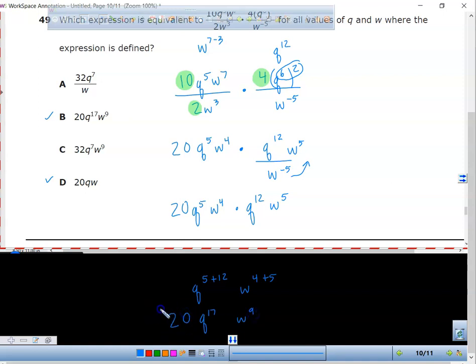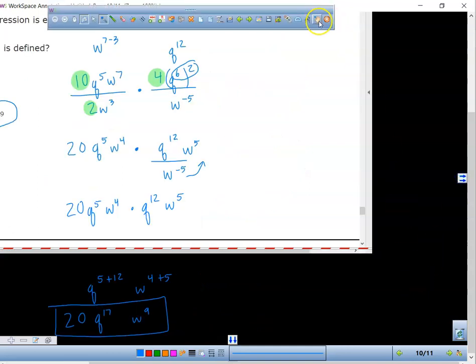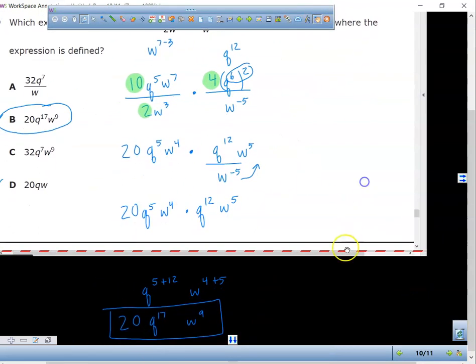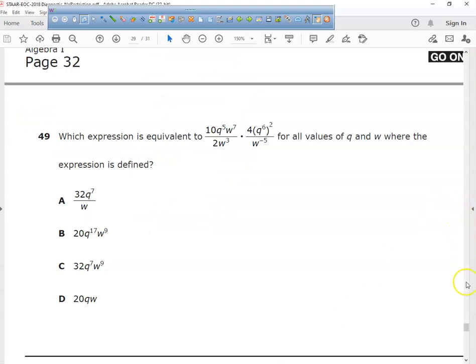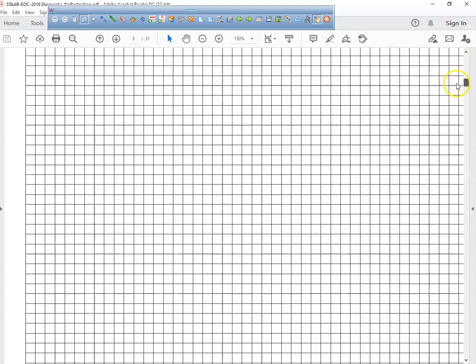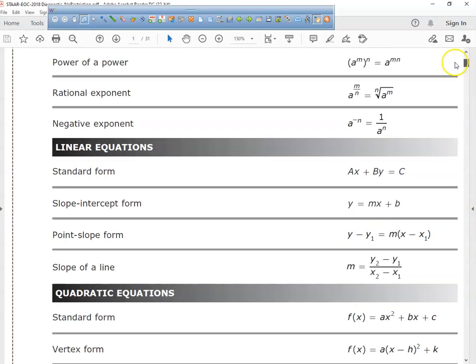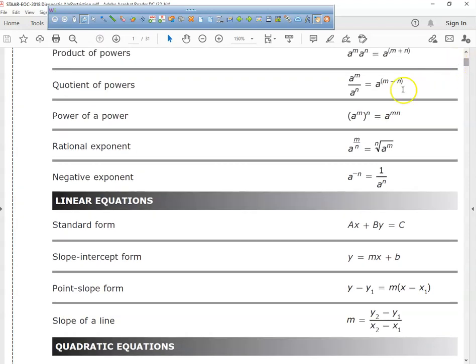And that's our final answer. Answer choice B. So there are 3 properties. If you're wondering what those 3 properties are, all you have to do is literally go all the way back up, and here are your properties: the product property, the quotient property, and the power property.